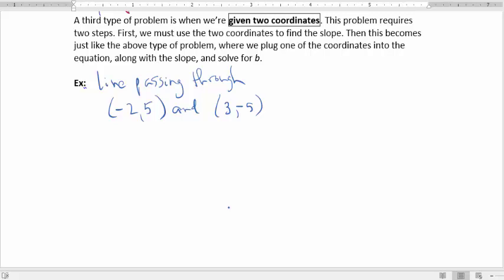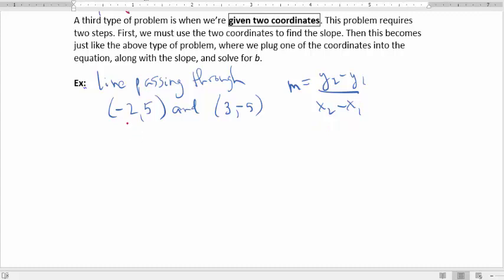Now we don't have either the slope or the y-intercept. But what we do have is a formula for the slope that we saw, which was y2 minus y1 over x2 minus x1.